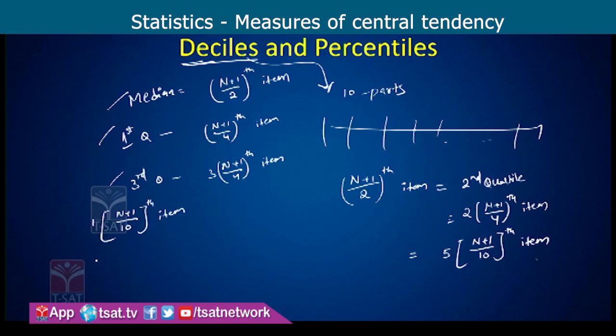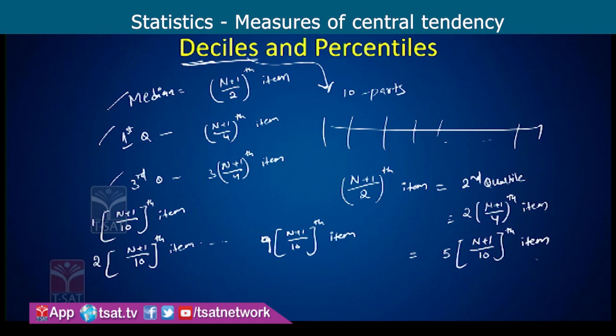The first decile is 1 into (n+1)/10th item. The second decile is 2 into (n+1)/10th item, and so on. The 9th decile is given by 9 into (n+1)/10th item.